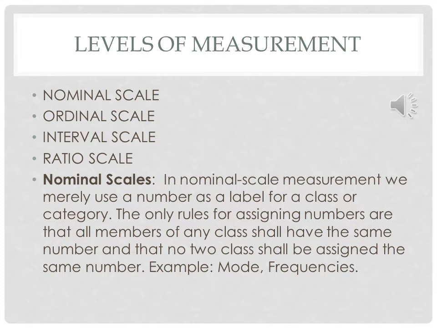All the members or characteristics of that class will be the same. The only rule for assigning the numbers is that all members of any class shall have the same number, and that no two classes shall be assigned the same number. So if you move to the next class, the same number cannot be used as for the first class.